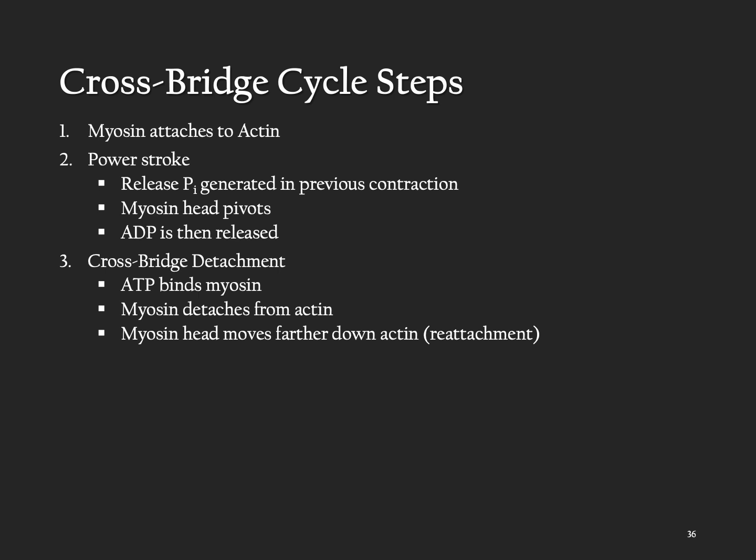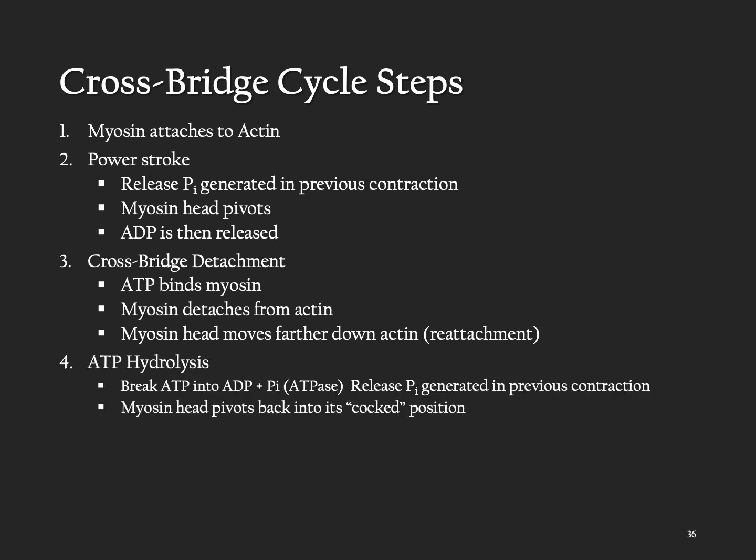From there, we need a new ATP to bind to the myosin. The myosin then detaches from actin. The myosin head moves farther down the actin to reattach. But in order for that to take place, we need, again, ATP hydrolysis to occur once more. So we break the ATP into ADP due to the ATPase, releasing the inorganic phosphate.